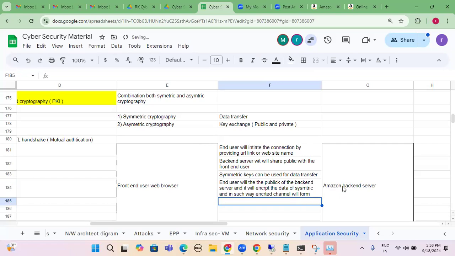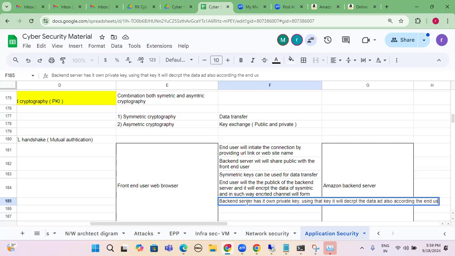Now Amazon's backend server already has its own private key. Using that key, it will decrypt the data, and according to the end user's request, it will respond back or take appropriate actions.